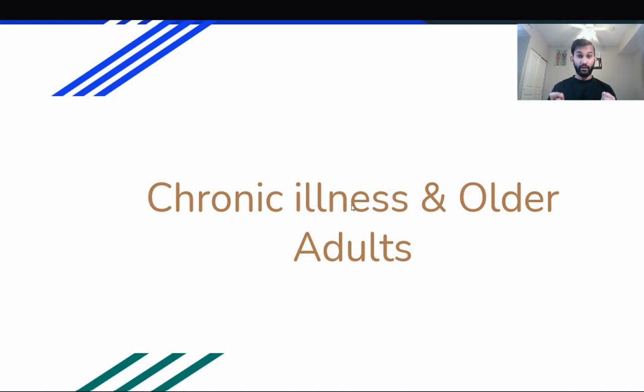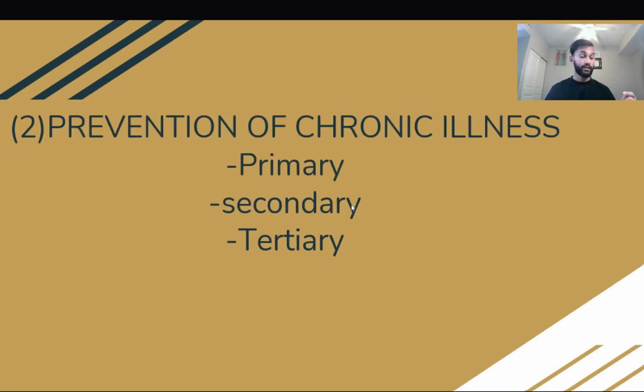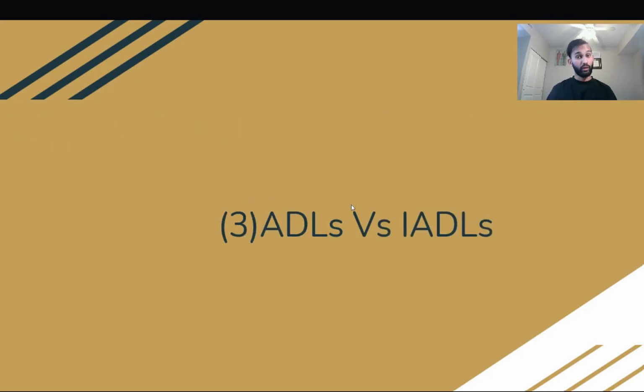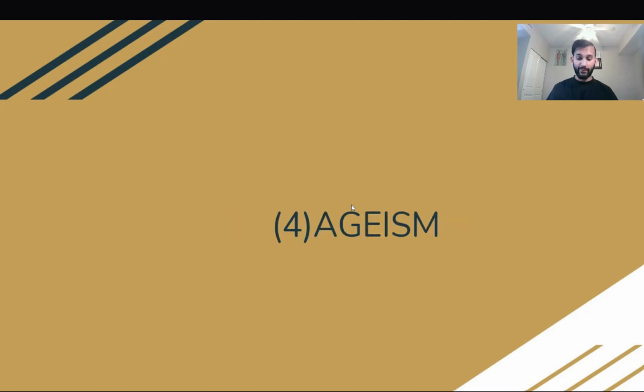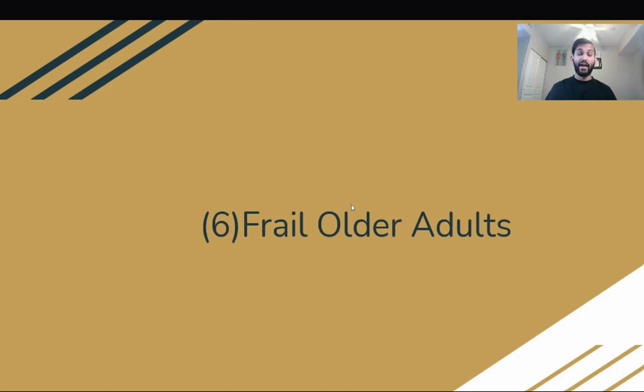The first chapter in week 1 is chronic illness and the older adult. We'll talk about what acute versus chronic is. Then we'll talk about prevention of chronic illness: primary, secondary, and tertiary. Then ADLs versus IADLs, then ageism, then biological aging theory and what frail older adults means.